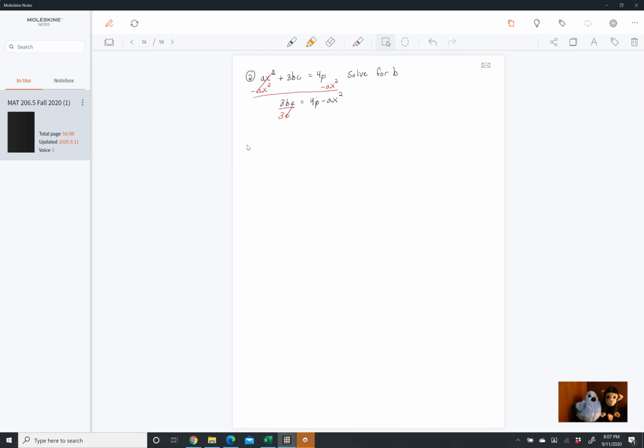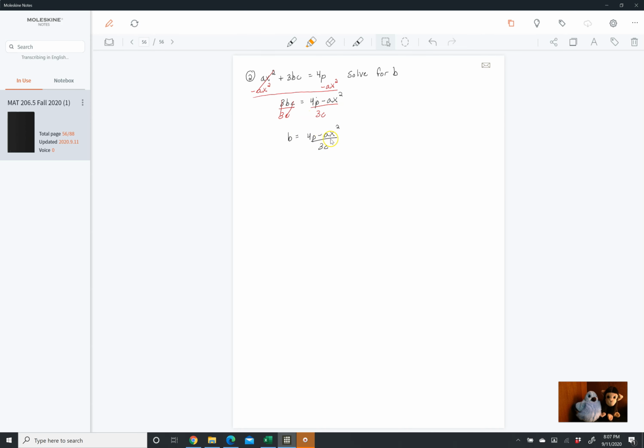That's going to get rid of the c and the 3. Which leaves us with b is equal to 4p minus ax squared over 3c. And we're done here. This is it, okay?